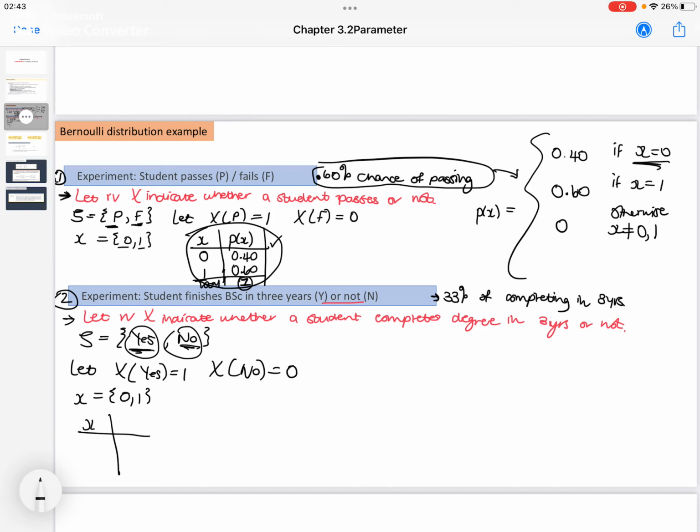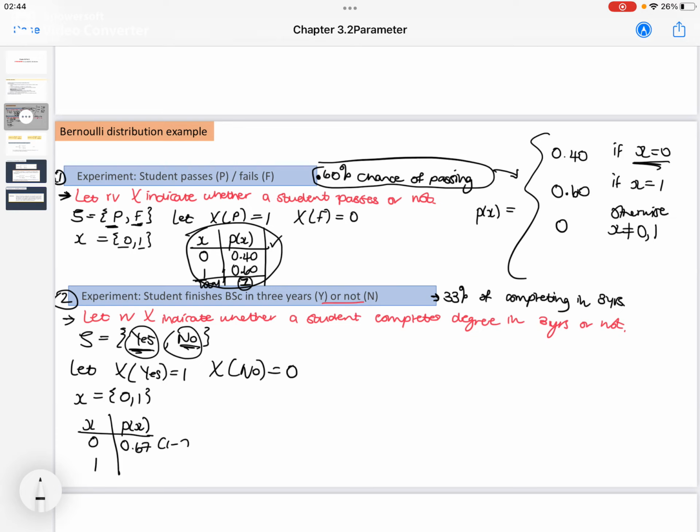Right, so if we then define our PMF using a table, we will start by drawing our two columns, with the first column indicating the possible values of our random variable x, and the second column indicating the probability of observing those specific possible values. So we see that from the given information, the probability that x is equal to 0, meaning the probability that a student would not complete in 3 years' time, is given as 0.67, right?